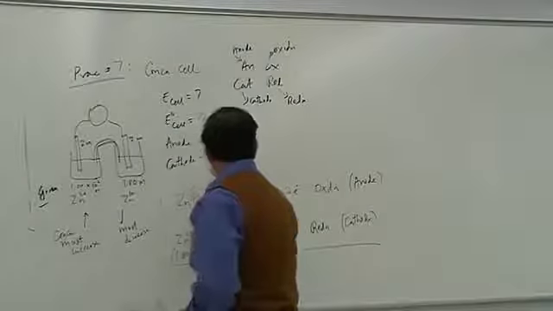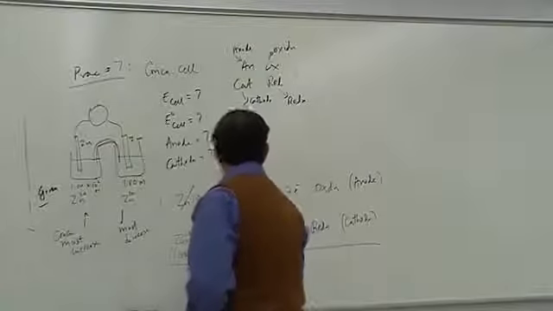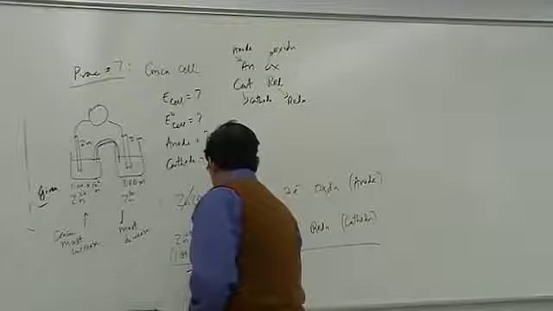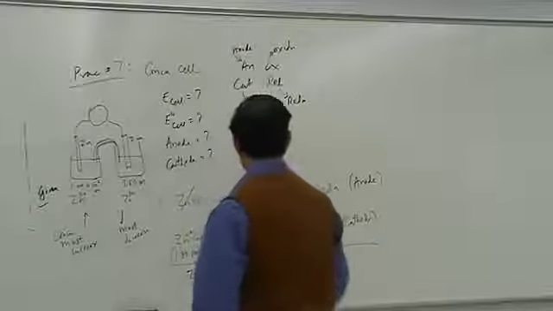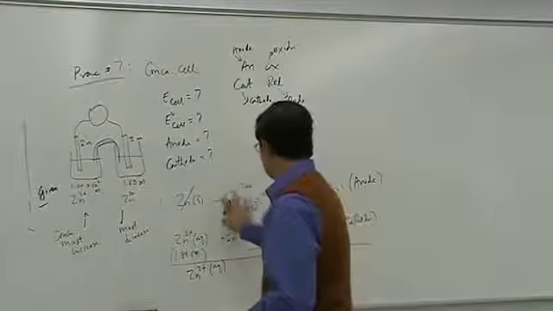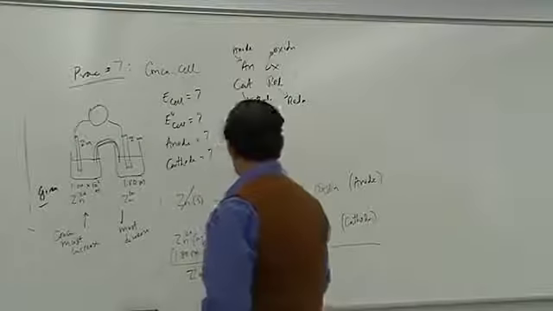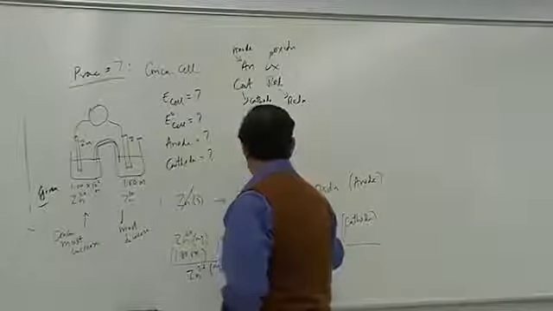Zinc would cancel out. So I would have zinc 2 plus on the left side. Don't get confused between left side and right side. My aligning was a bit off because this arrow should have been a little bit farther to the right. That way you would not be confused. 2 electron would cancel out.